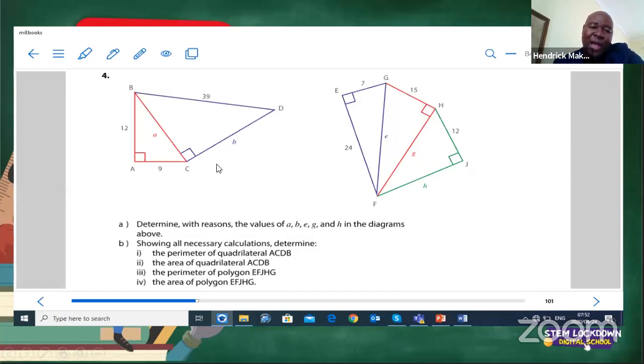Now, who can tell me what will be the value of the perimeter of ACDB? Give me the value of the perimeter.